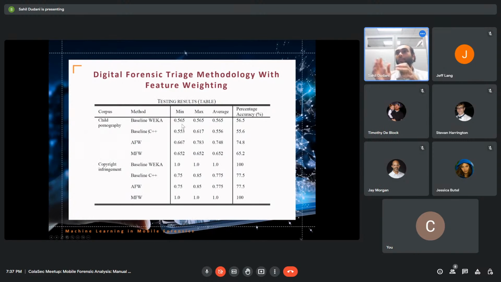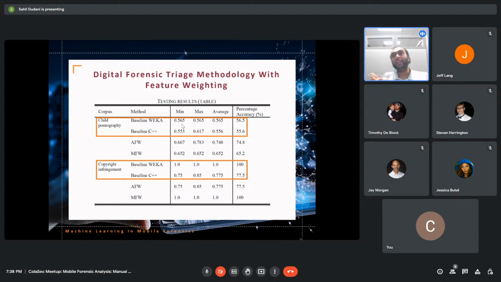Once this paper assigned the feature importance, they fed the data to certain machine learning algorithms. Initially, before performing feature weighting or analyzing the features and assigning importance, they did some baseline tests with the models they had.